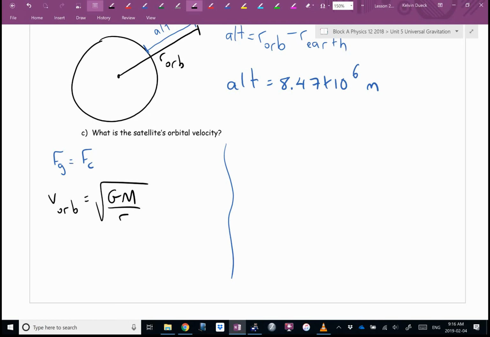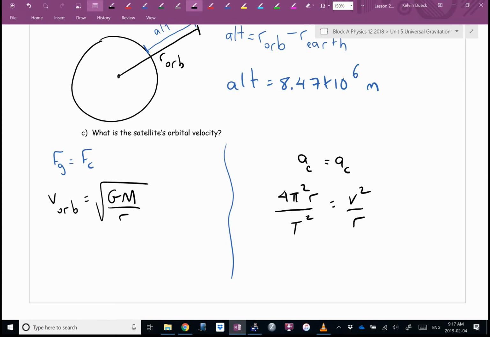The other thing you could have done is you could have said this: circular acceleration equals circular acceleration. You could have said 4 pi squared r over t squared equals v squared over r, and get the v by itself.